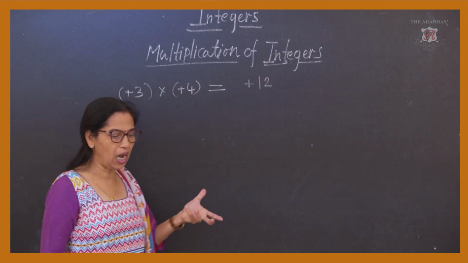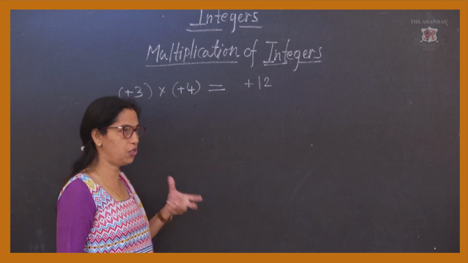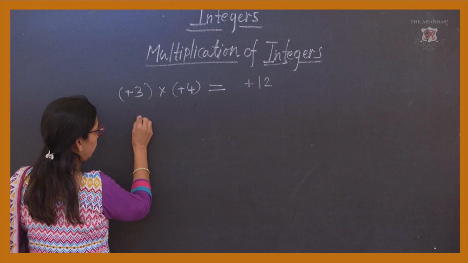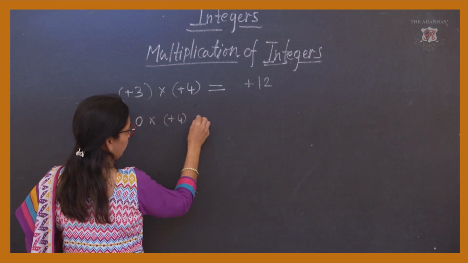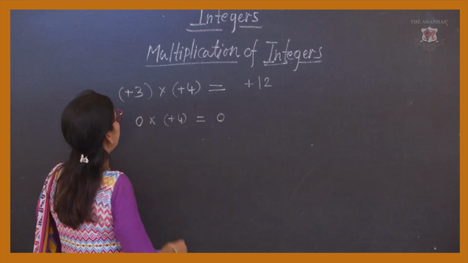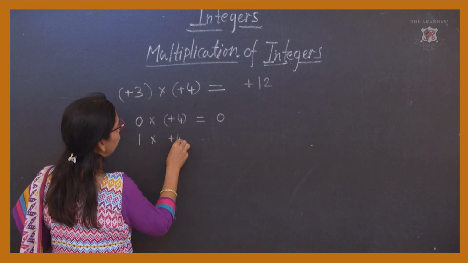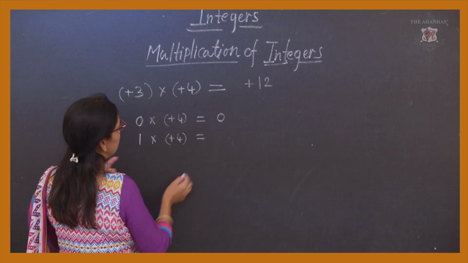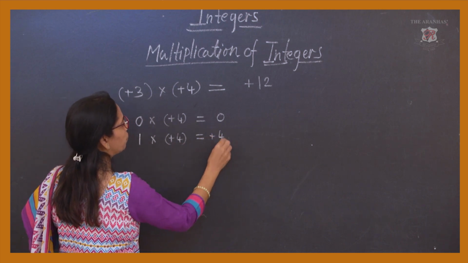But for finding this answer, we have to start with 0, as if we do 0 multiplied by plus 4, we will get the answer 0. Then we take 1 into plus 4 to get the next answer. 4 into 1 is plus 4.